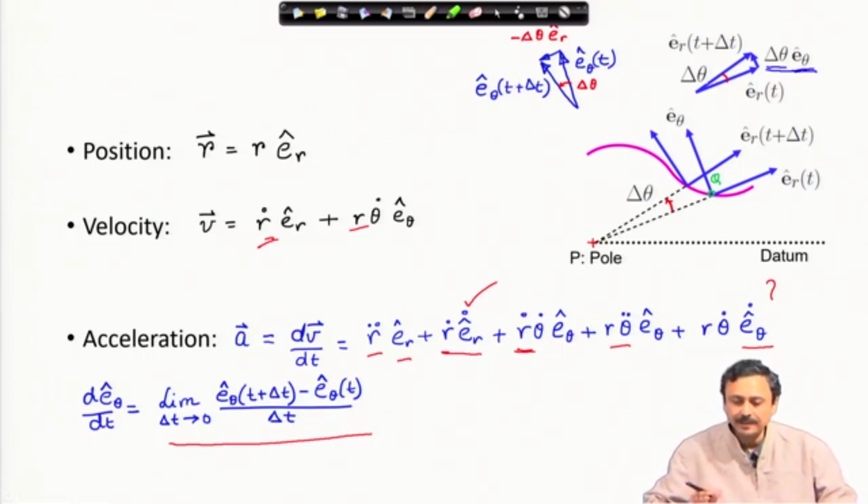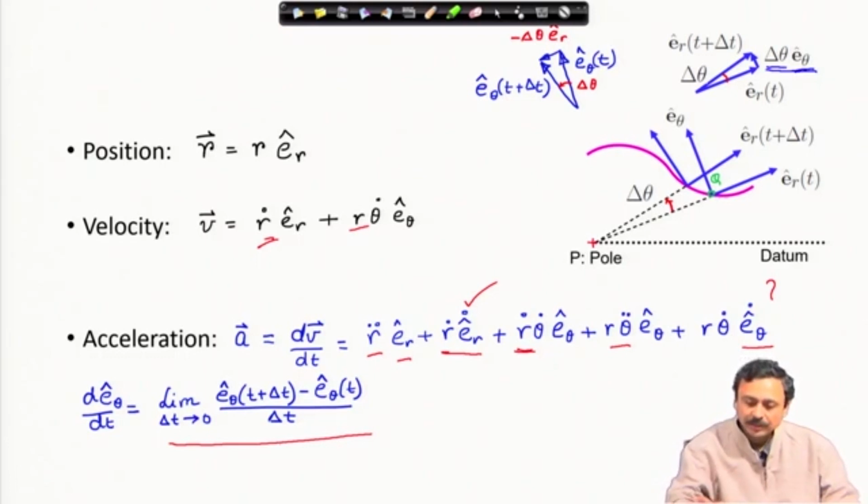So, we take E theta cap vector at 2 time instants, it also rotates by delta theta as shown in this figure. Therefore, the difference vector is now, the magnitude is delta theta into 1, but please note the direction is along negative Er.